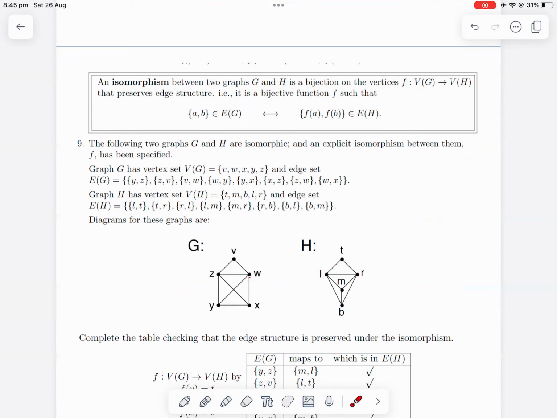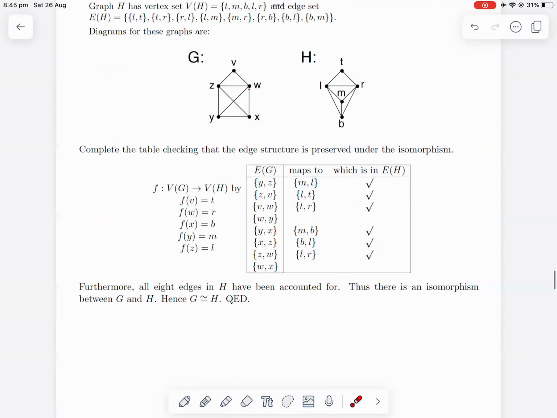So let's have a look at this graph here. G is this one with these edges. EH is the edges of the graph H, which is here. So we can fill out this one.